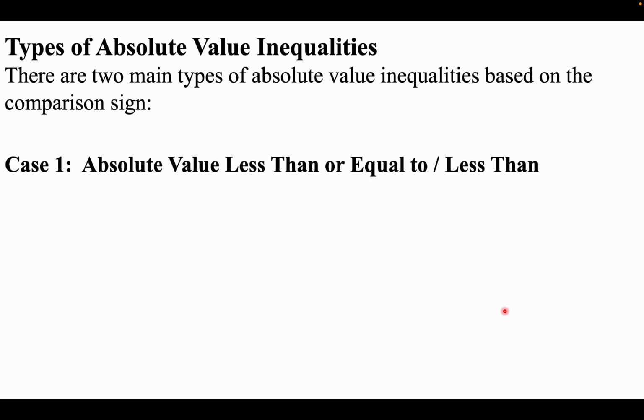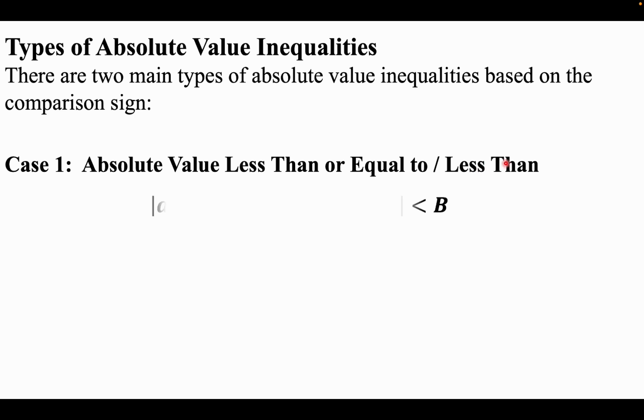So the type of absolute value inequalities, we have two main types of absolute value inequalities based on the comparison sign. Case 1 is when you have an absolute value less than or equal to, or it could be just strictly less than.